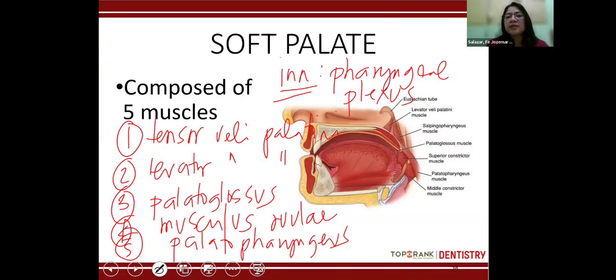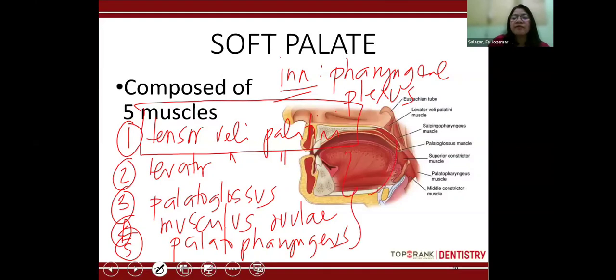Except for one. May isa dyan na hindi ini-innervate ng pharyngeal plexus except your tensor veli palatini. So itong 4, pharyngeal plexus, pero si tensor veli palatini, what do you think? Innervates sa tensor veli palatini. Very good. Cranial nerve number 5.